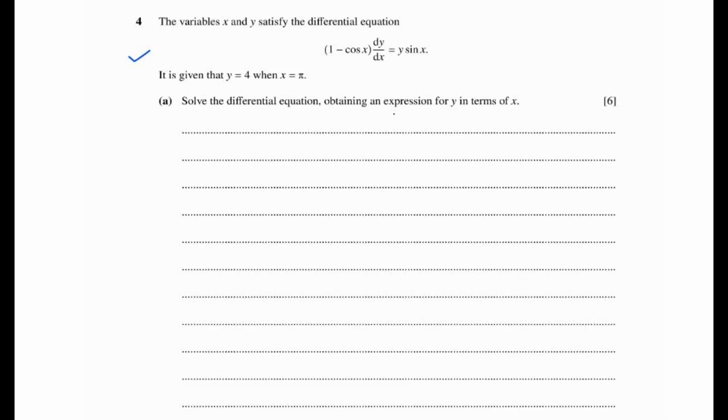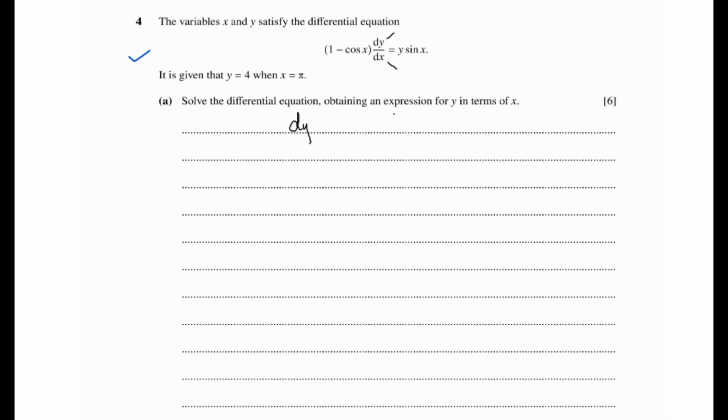Trigonometry question, and keeping in mind that we want to separate the variables, we have to also keep in mind that dy and dx have to both be in the numerator. So separate them such that dy and dx are in the numerator. So what I'm going to do is keep dy on the left and dx on the right.